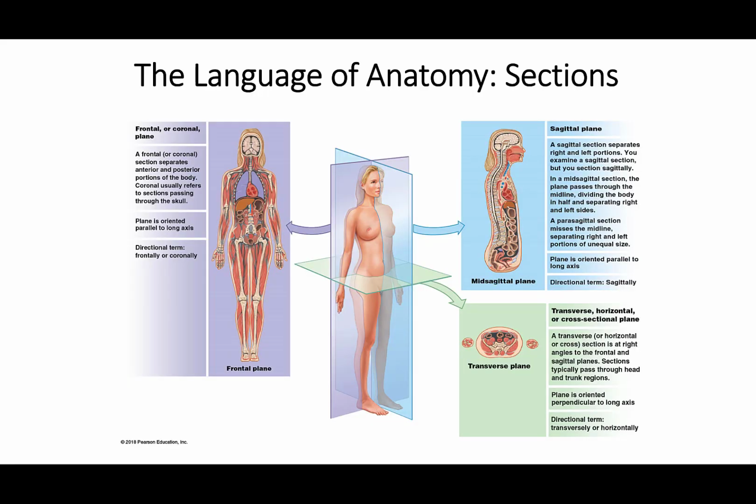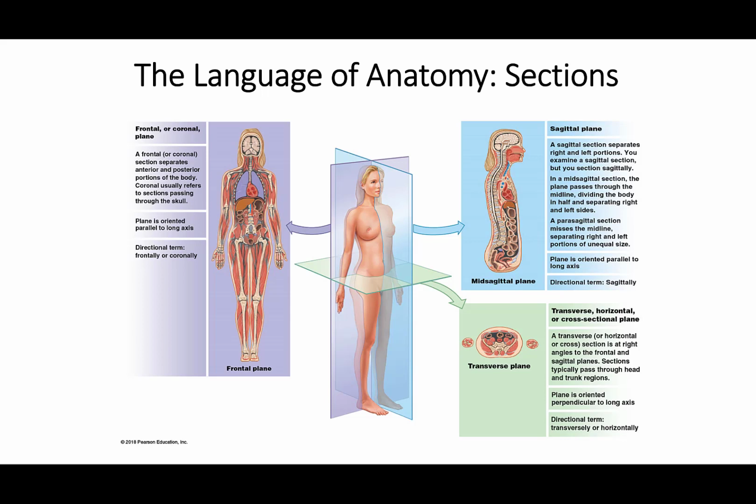Right, now let's talk about body sections. As horrible as it sounds, this means how do you want to cut this person up? Do you want to make a cut that divides the body in half, the left and the right? Then we gotta make a sagittal cut.